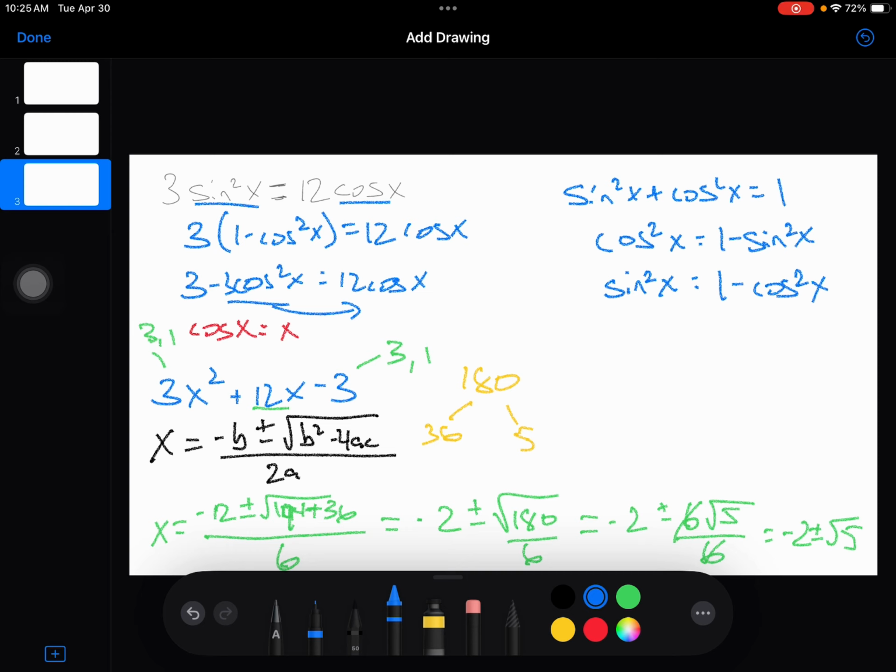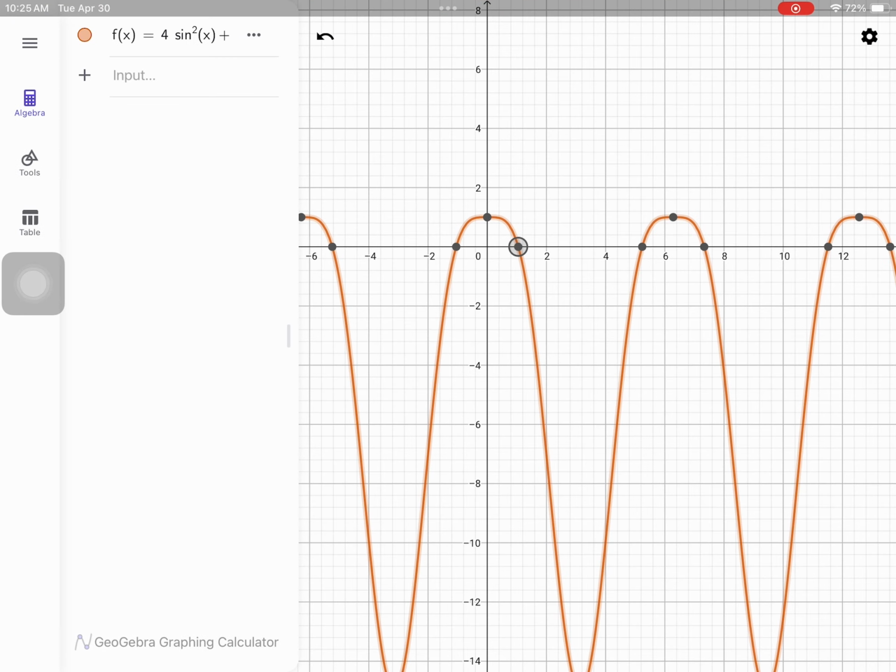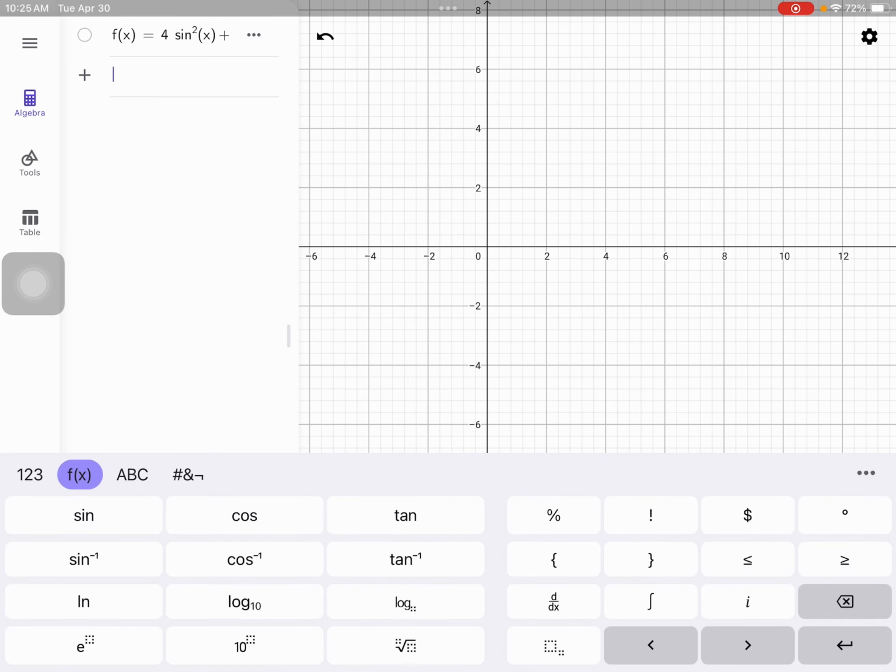Well, we're going to take that now and put it into an inverse cosine or an arc cosine function. So the inverse cosine of negative 2, we're going to try plus or minus root 5, but I think we're going to stall out on the minus root 5. And this is where we do need a calculator. My first thought when looking at this is we just type it directly into a graphing utility.